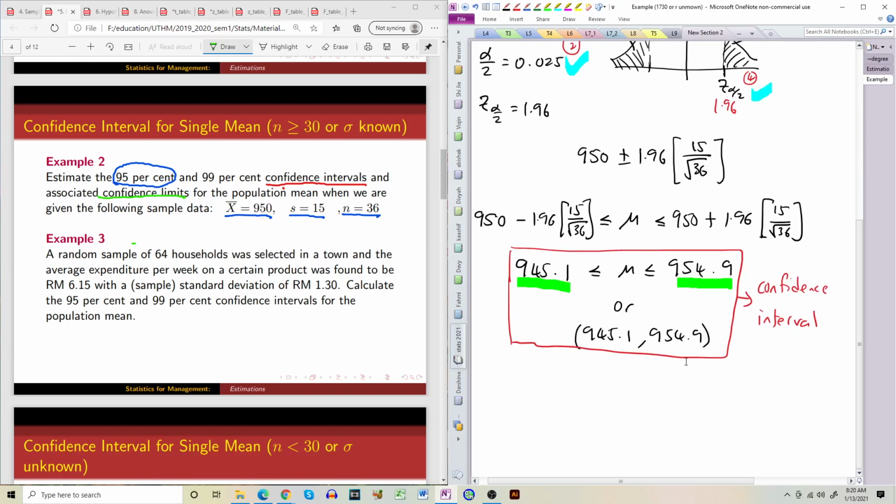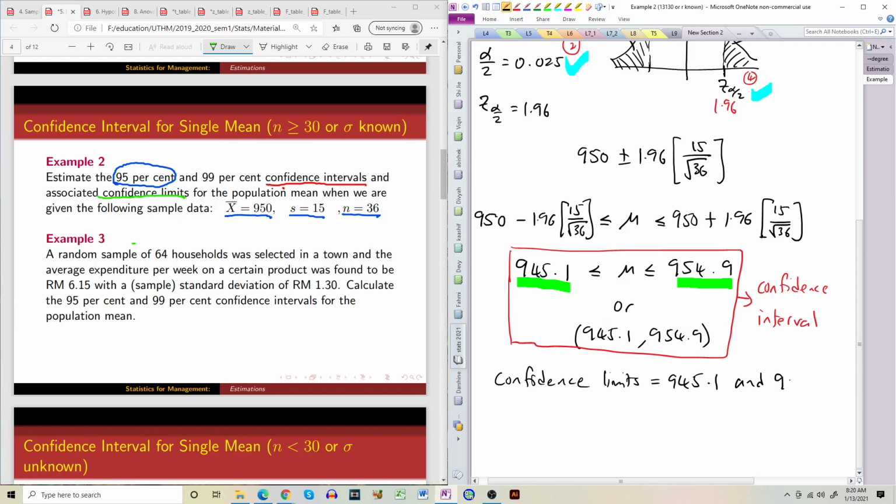So if you want to write confidence limits, the confidence limits are actually 9, 4, and you write like this. But I will ask you confidence interval only.